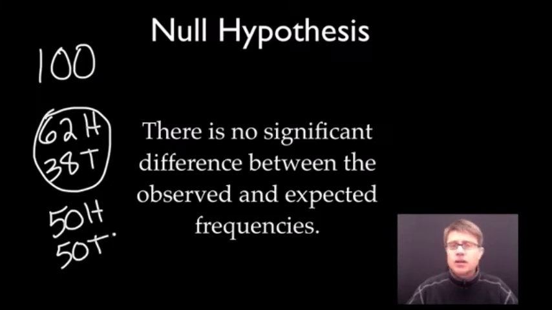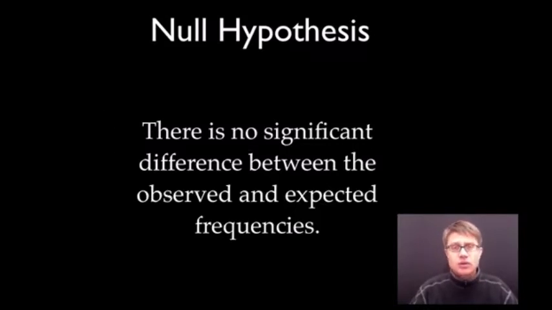So you use something called a null hypothesis in this case, where you're saying that there's no statistically significant difference between the observed values and the expected frequencies we expect to get. It's cool, chi-squared, because we can actually look at our data and see is there a statistical difference between those.